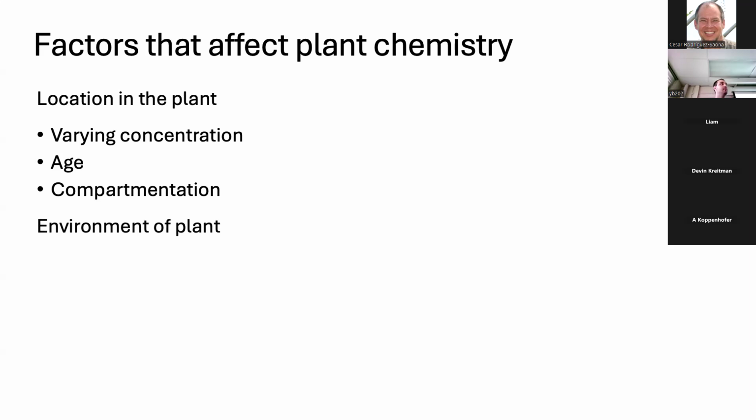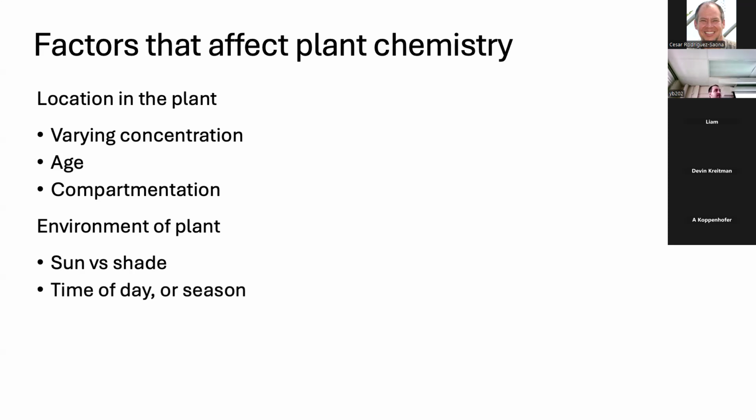We also have the environment of the plant, which includes basic things like the sun or the shade. We're talking about some of these volatile compounds. When heated up, they become even more volatile. If they're in the sun, they're going to become smellier, whether that's a good thing or a bad thing. The time of the day, the season, right?